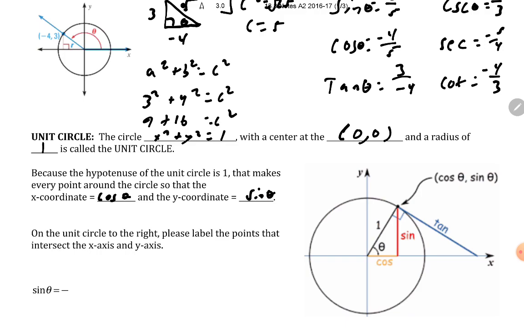On the unit circle to the right, please label the points that intersect the x-axis and the y-axis. This would be (0, 0). Over here at this point is cosine and sine of theta.